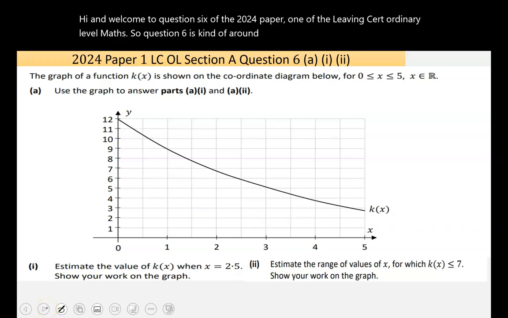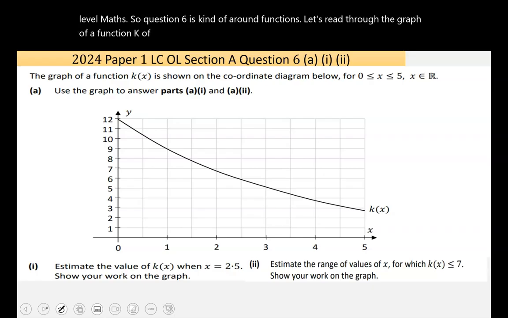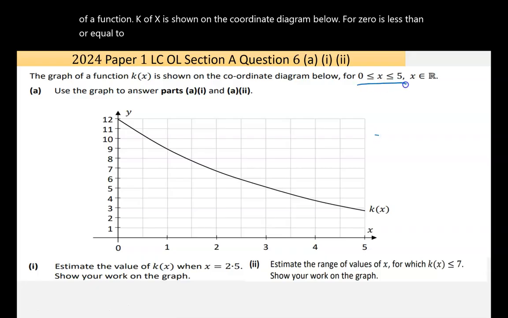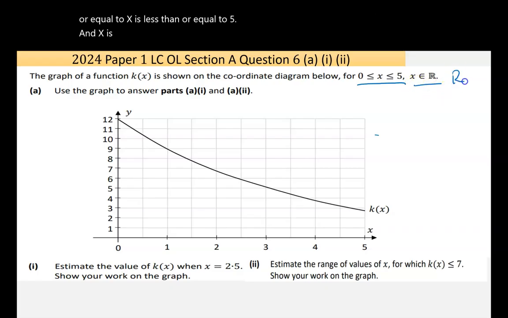Let's read through. The graph of a function k of x is shown on the coordinate diagram below for 0 is less than or equal to x is less than or equal to 5, and x is an element of R, which just means that it's a real number, so it can be any number.